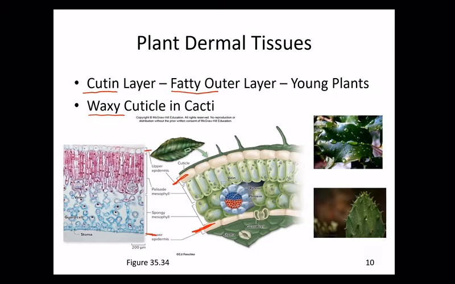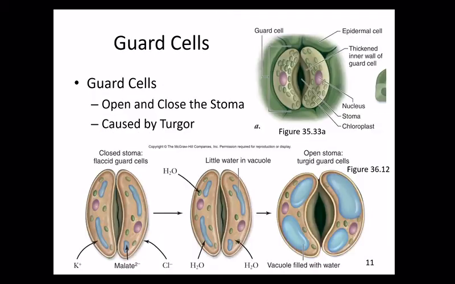There are a couple of specialized dermal cells that we should be aware of, that we should be able to describe. The first one of these are the guard cells. And the guard cells are the cells that are found on either side of the stomata, okay?